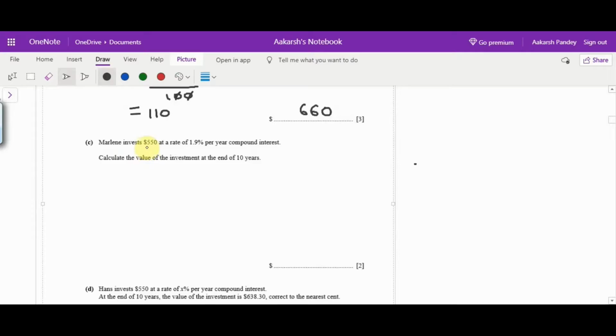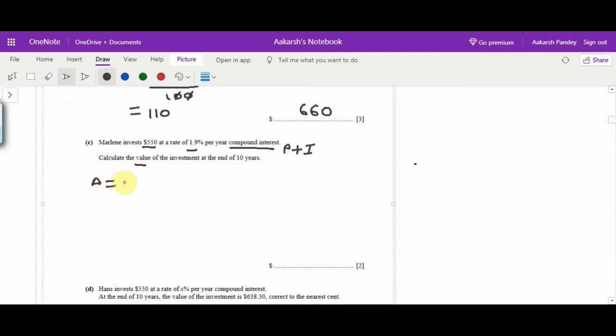Getting on to the question. Marlene invests $550 at a rate of 1.9% per year compound interest. So what is the value of the investment at the end of 10 years? Now he wants the value. Value means whatever I had, the principal plus the interest. But one thing to note over here is, because we are finding compound interest, the formula directly gives us the value, that is the amount itself.